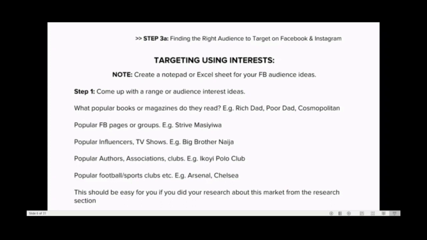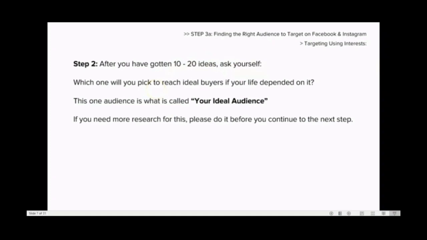Step 2 is after you have gotten 10 to 20 ideas, ask yourself, which one will you pick to reach ideal buyers if your life depends on it? This is what I mean. I said you can get your audience based on their interests. And interest can be based on the magazine they read, based on the TV show, based on the club they belong to.